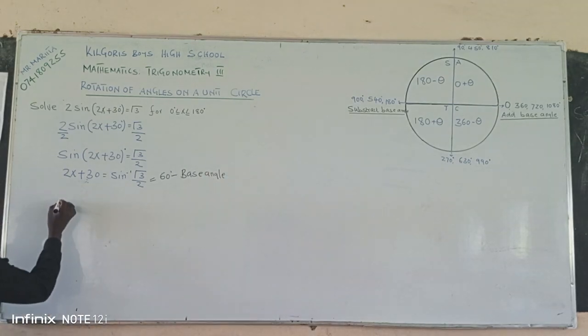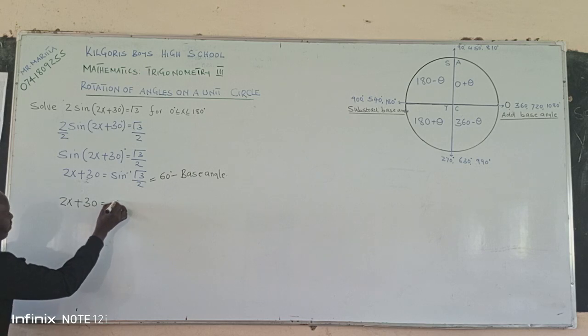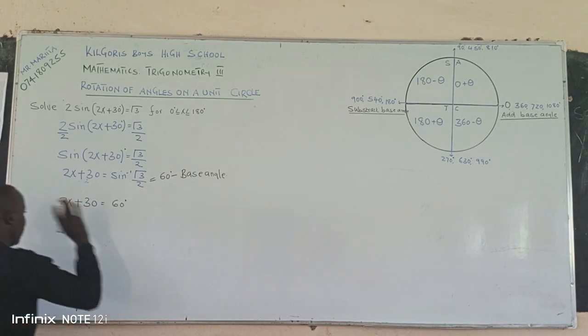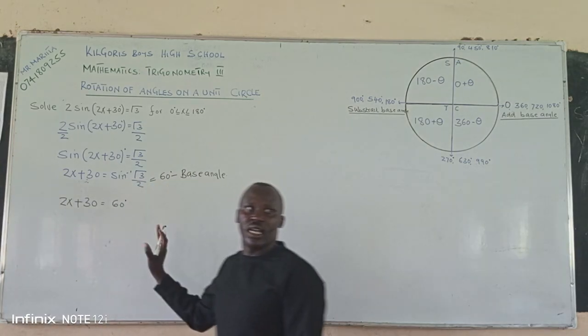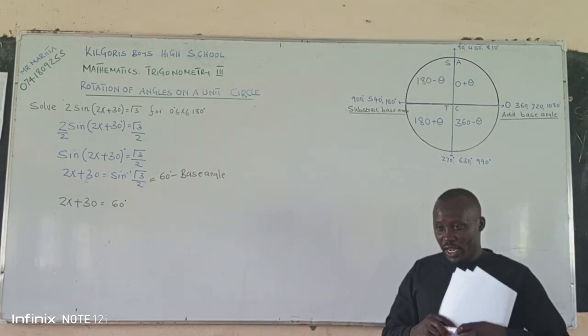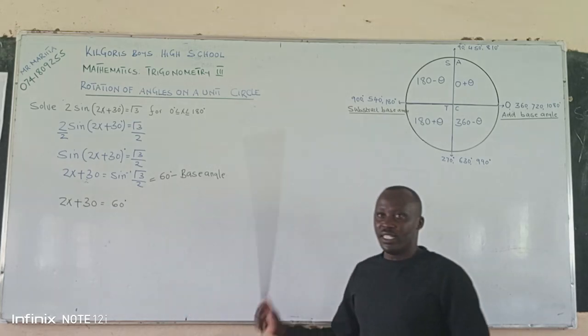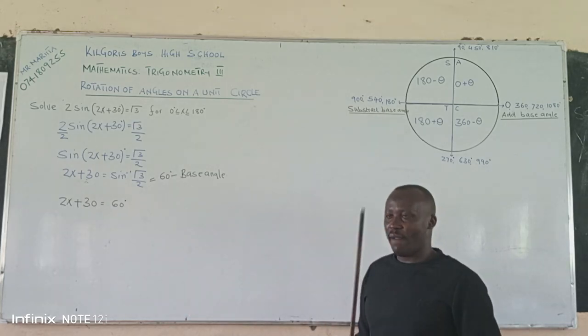So our solution now is 2x plus 30 degrees is equivalent to 60 degrees. This is our base angle. Then check now that we have 2x plus 30 degrees is equivalent to 60 degrees.